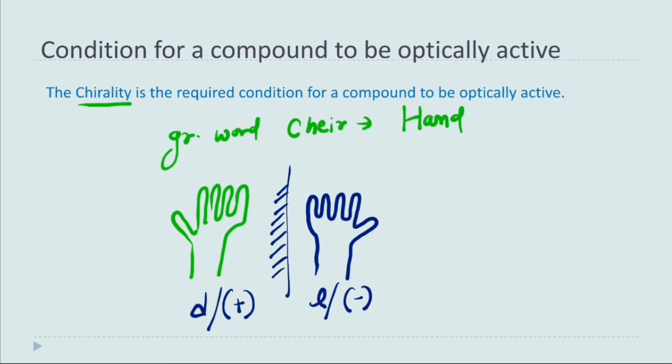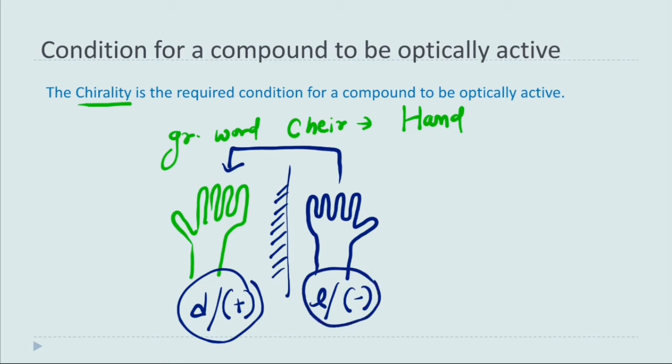Now see, we cannot superimpose this form on this one, means these mirror images cannot be superimposed on each other. That means if we overlap both these structures, we will see that they will not overlap each other. We will get it like this.